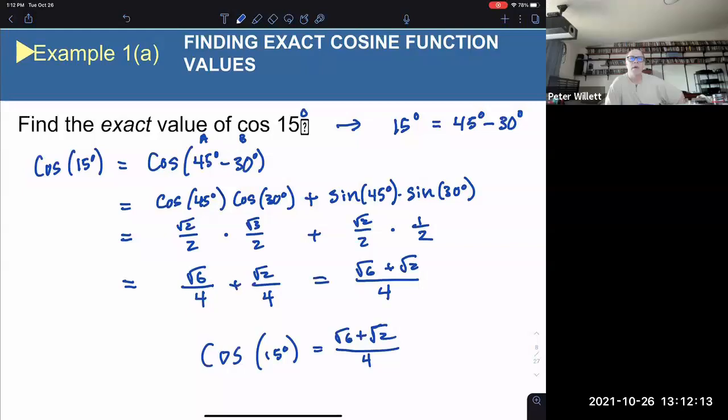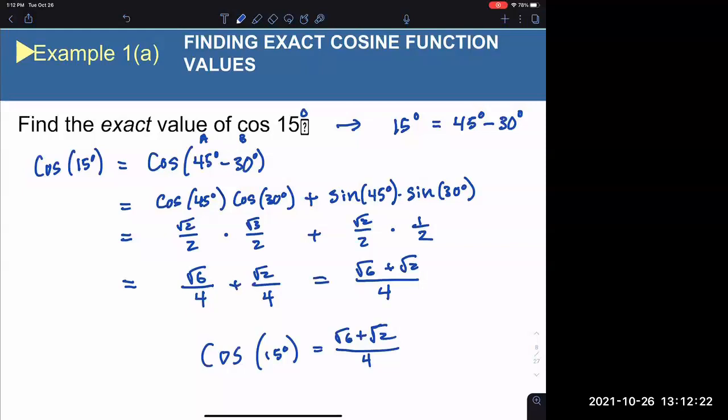Well, the answer won't be different if you're using an angle in radians. Yep. So there won't be a difference there.